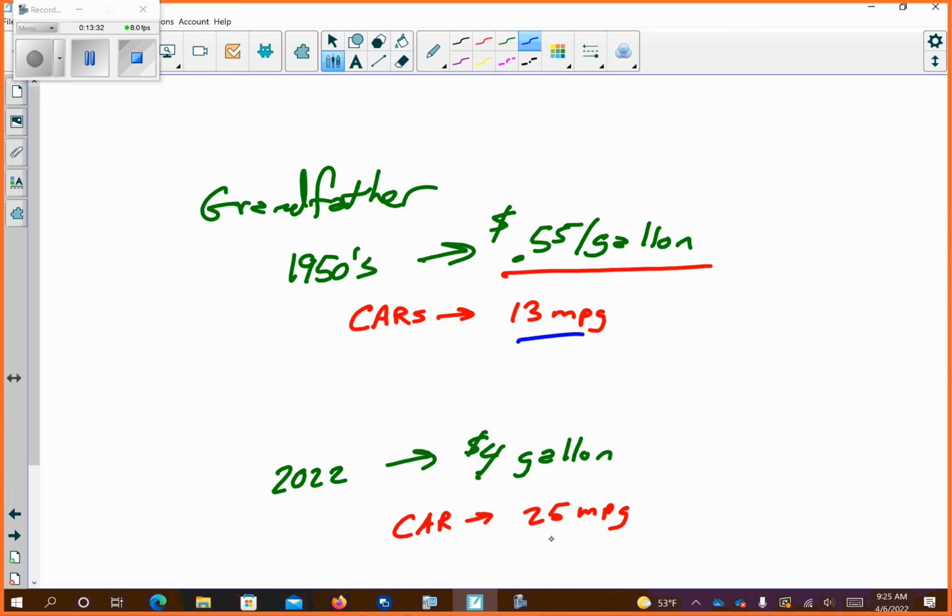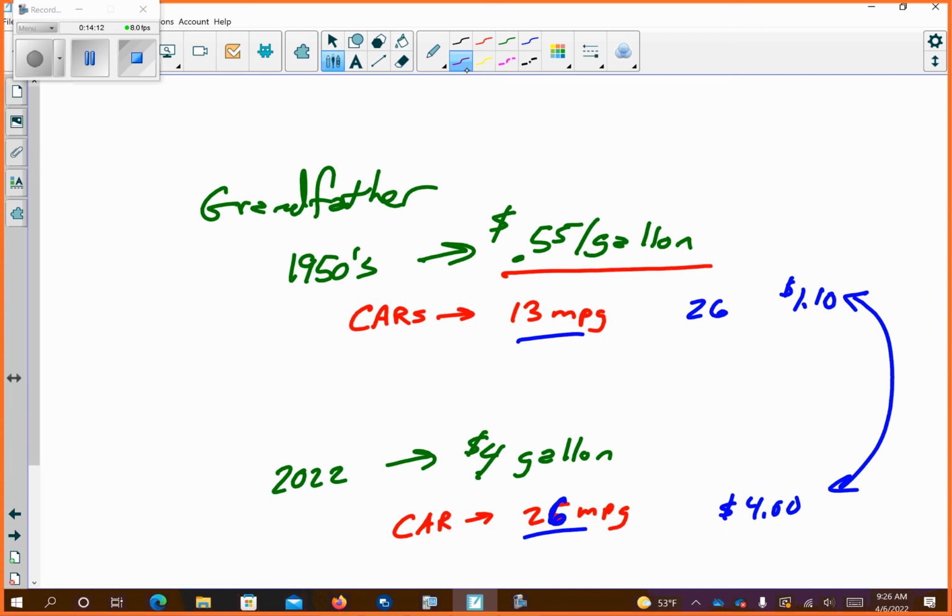So let's call this 26. For every 26 miles this person in the 50s drove, they would have dropped $1.10, whereas for me to drive 26 miles, I would drop $4. So now we're talking about almost a $3 difference.